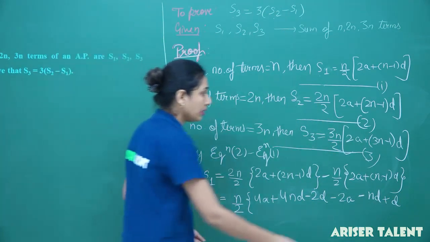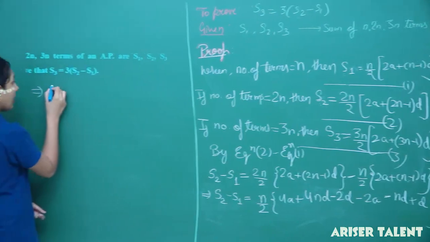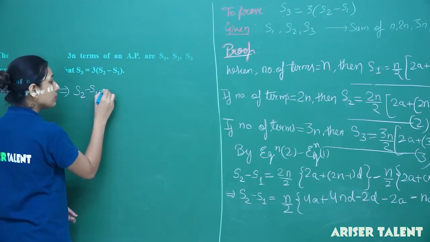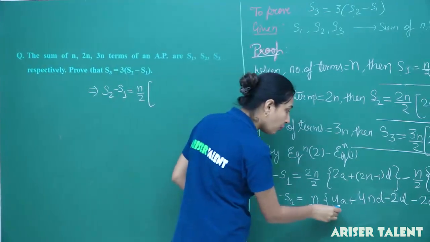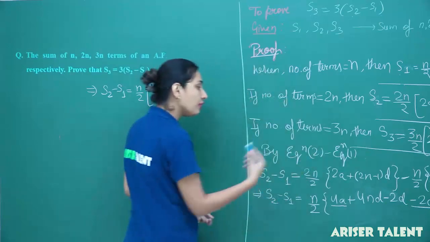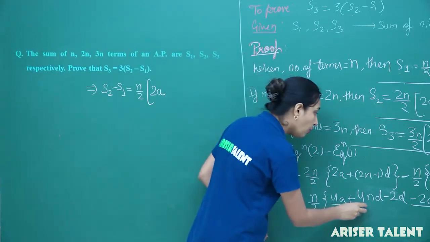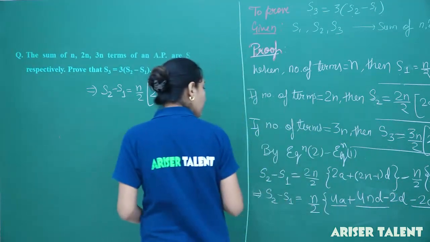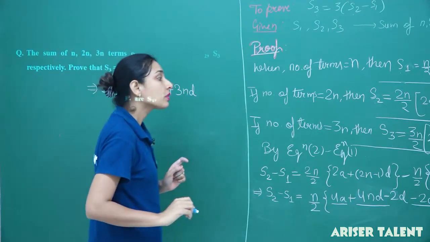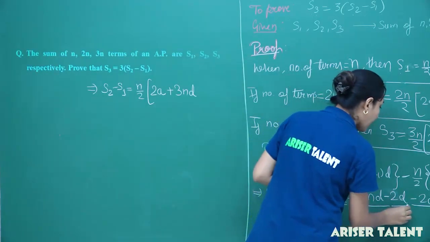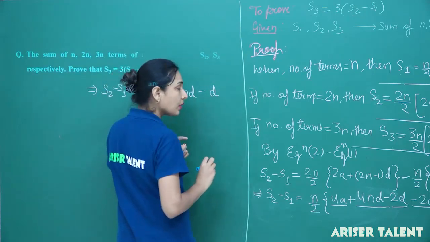Now the bracket closes. On this side, S2 minus S1 equals n by 2. Here I have 4a and here minus 2a, so 4a minus 2a becomes 2a. Now 4nd minus nd becomes 3nd. I am left with minus 2d and plus d, which becomes minus d.